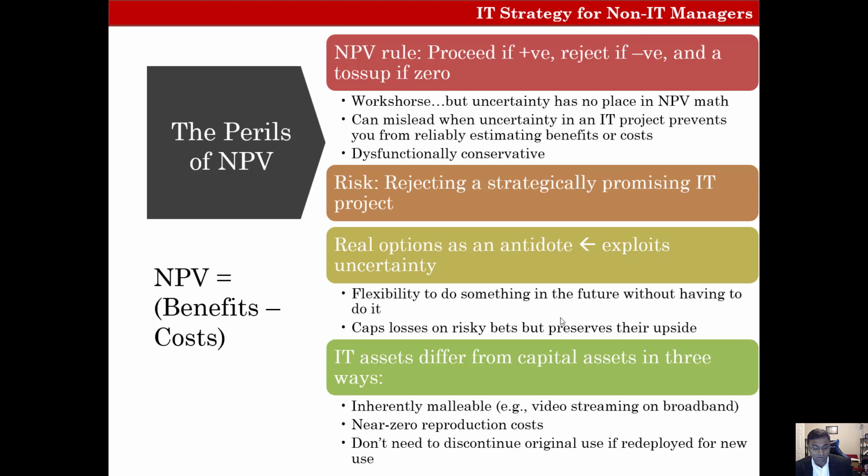This is particularly true for digital assets, and it has a versatility of not-yet-possible future uses. An example is using broadband networks to stream video, which nobody really thought of. So you'll find that once it's invested, there are other benefits and uses of a particular investment which nobody had originally thought possible.